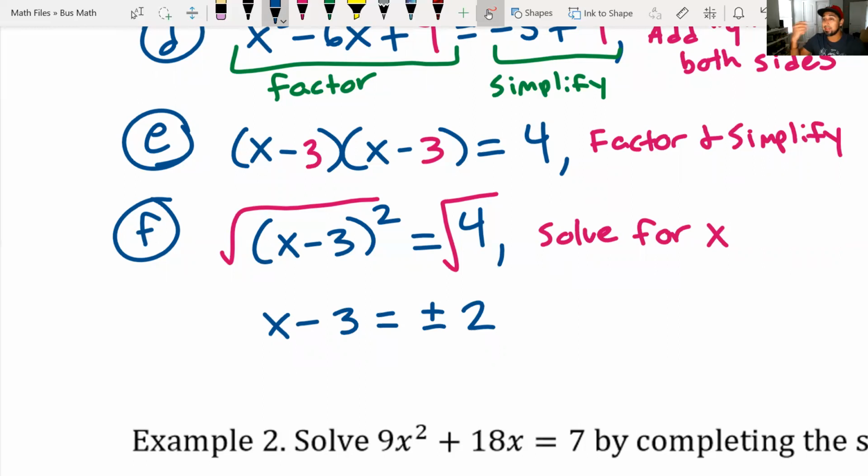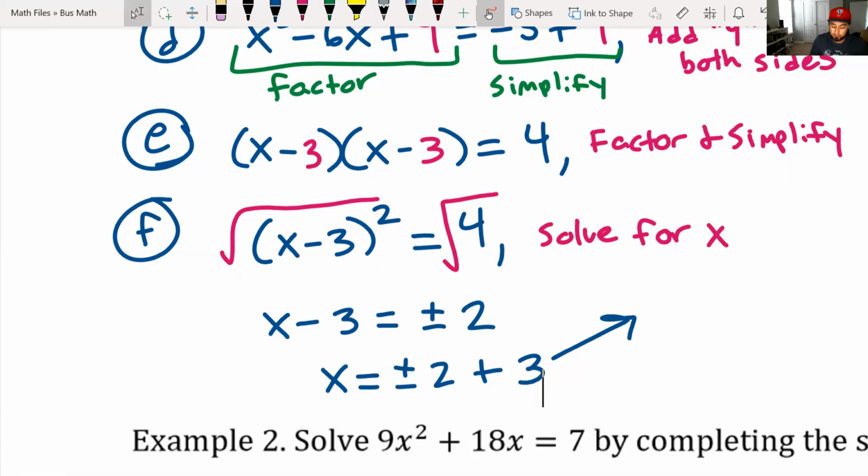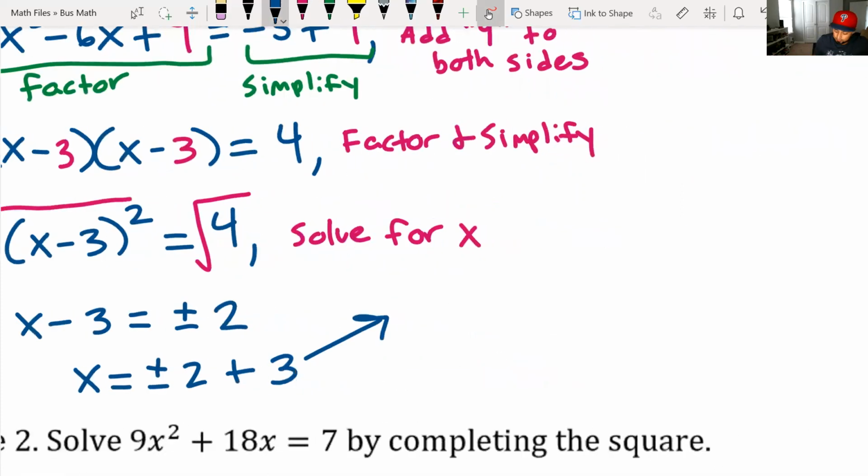Okay, so we use the square root method, we solve for x. All you have to do is add that 3 over to the right, and we will get x equals positive or negative 2 plus 3. And now, keep going. The first answer is x equals positive 2 plus 3, which gives us 5.